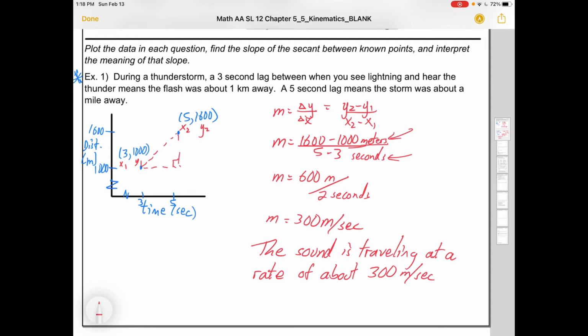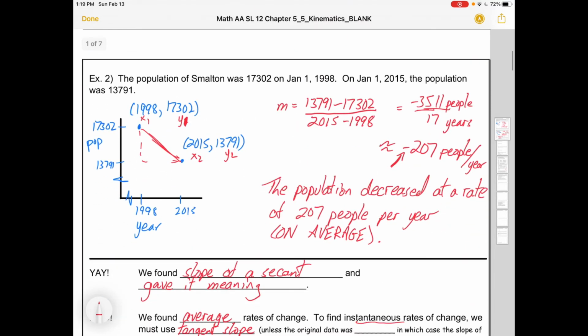It's going to vary a little bit depending on things like humidity and temperature, but on the whole, not a big difference. So this data over here in example 1 was probably linear to begin with. Finding an average rate of change or a secant slope is fine on a line because slope's never changing on a line. On something that might be nonlinear, though, it does make a difference.